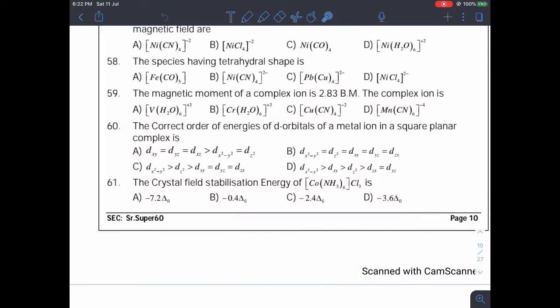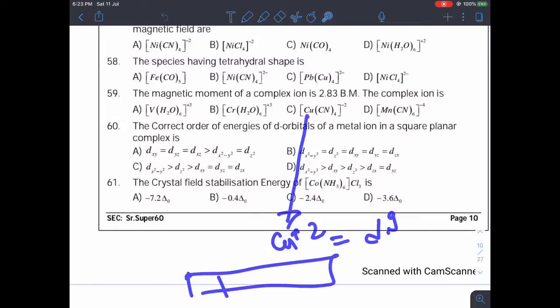And in the case of [Cu(CN)4]2-, that means here copper is present in +2 state, and copper in +2 state means d9 configuration, and if you go through it, you will find 1, 2, 3, 4, 5, 6, 7, 8, 9. So 1 unpaired electron.